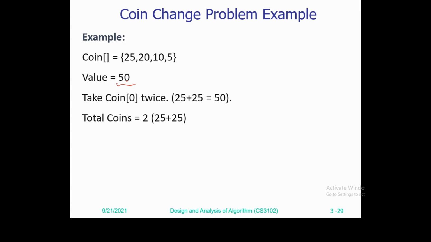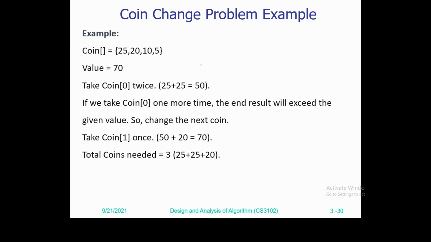You can see, for 50, the coin just smaller than 50 is 25, so we took it into the set. Now how much is left? 25. Again check here: we can take 25 again. So the total coins required are 2, and that will sum up to 50. That is, 2 coins of 25 are needed for this particular sum.